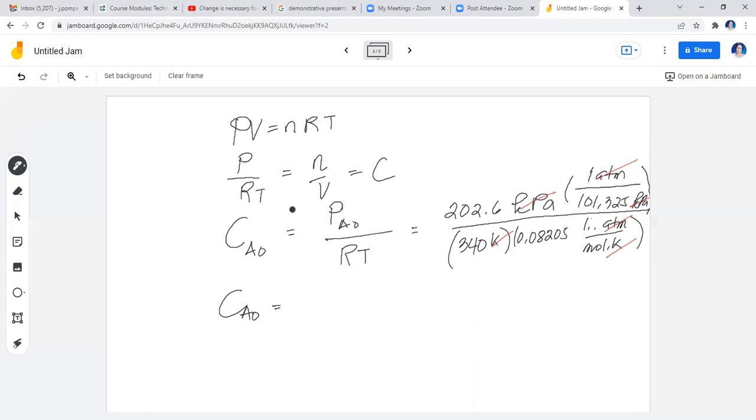Okay, you have 0.0716. Kindly check. So if the value is okay, then 0.0716 mole per liter.